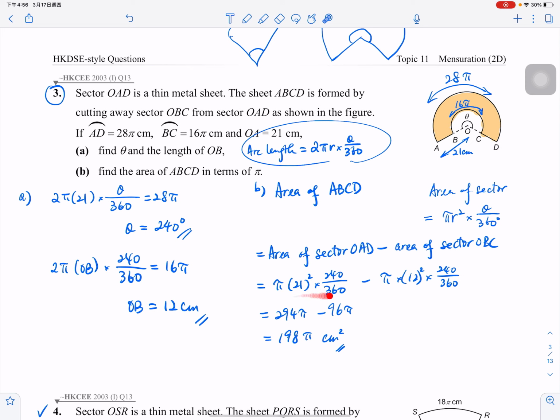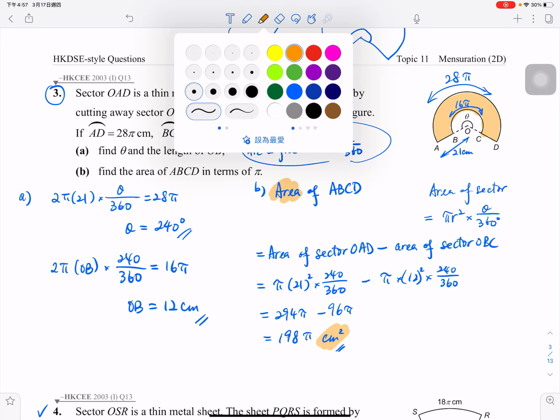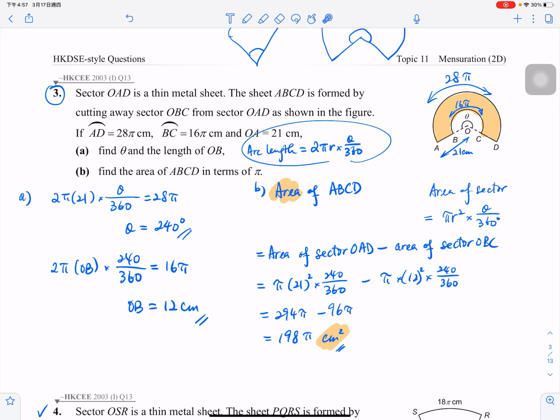At the end, 198 pi cm squared. Remember, once again, you have to write down the units. Area is cm squared, arc length is cm, OB is cm, and theta is 240 degrees. Don't miss the units.